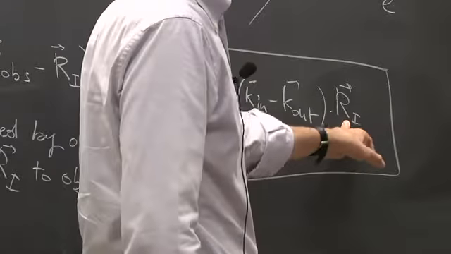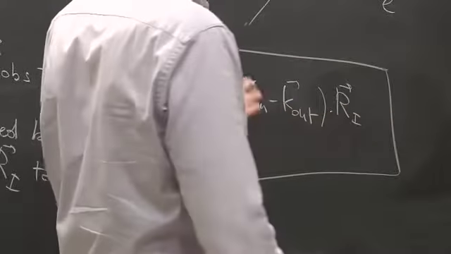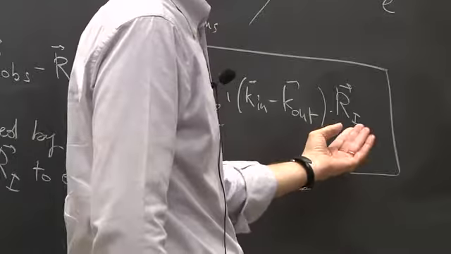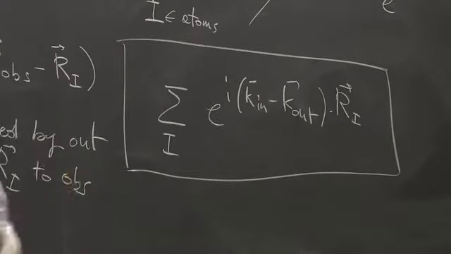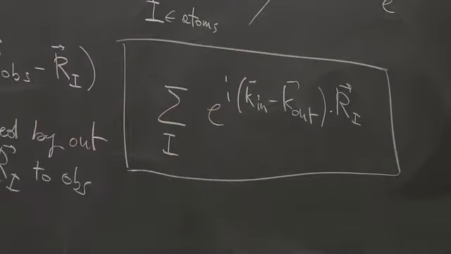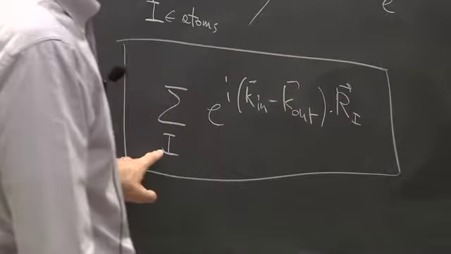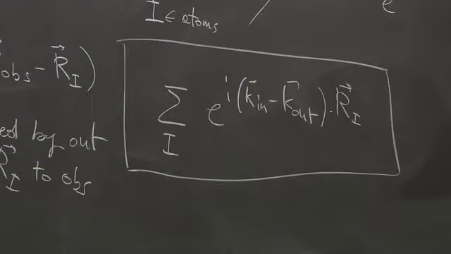So then the question is, what is this sum going to give me if I sum it over 10 to the 23rd atoms? Because I have a macroscopic sample, so here I have something of 10 to the 20, 21, 22, 23rd. So I'm going to make some phases out of a huge number of positions.